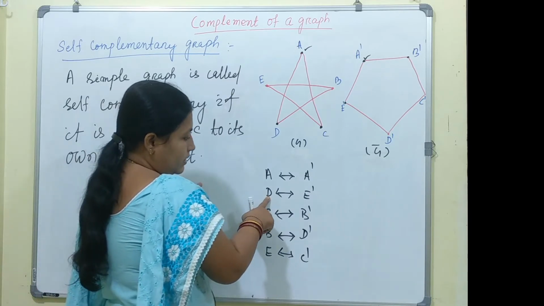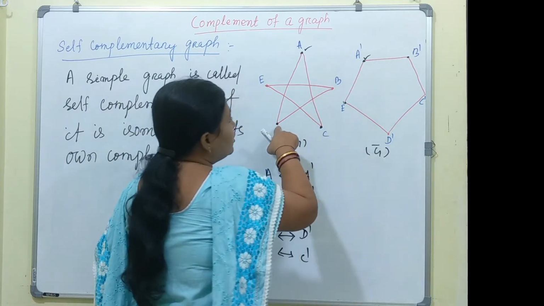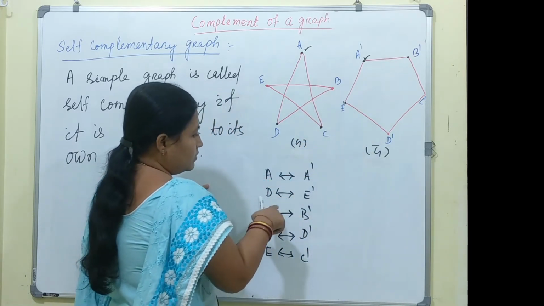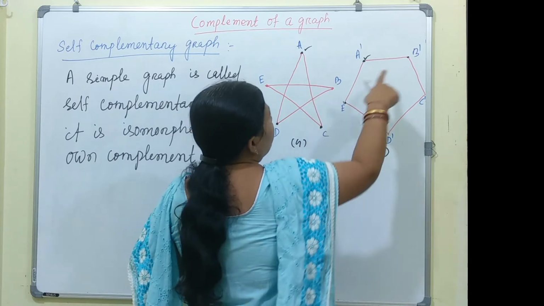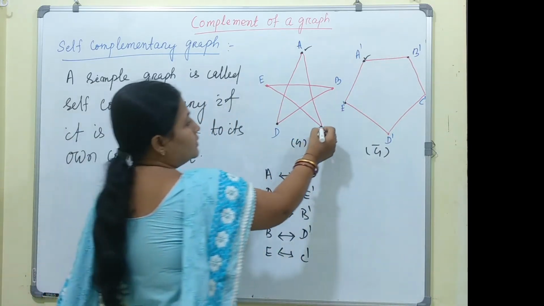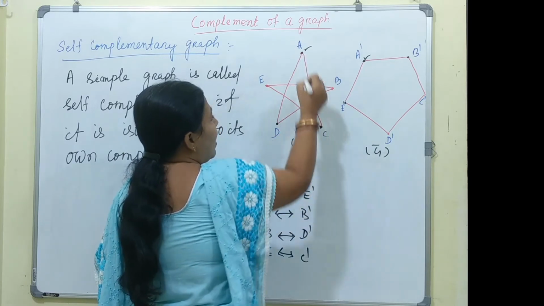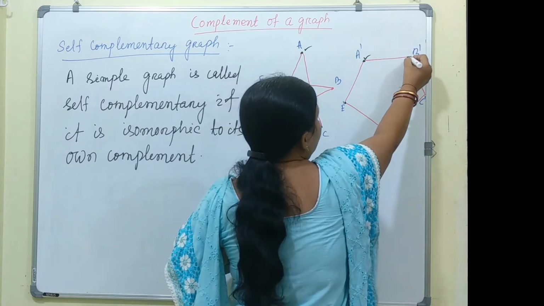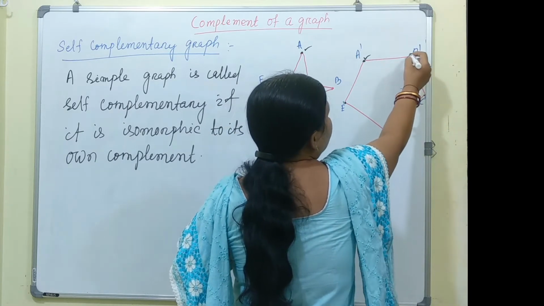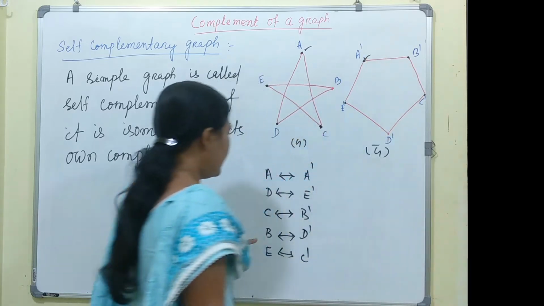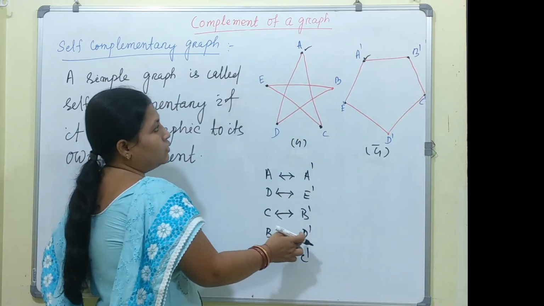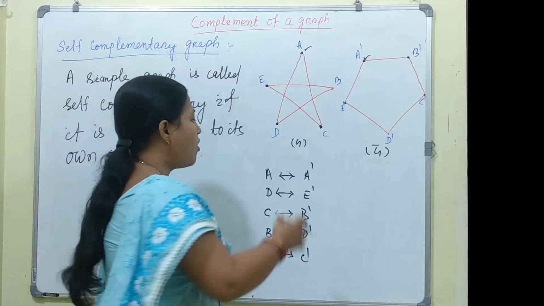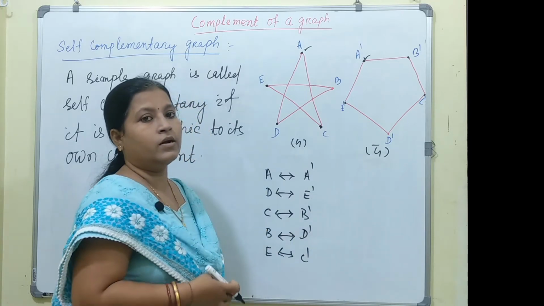So D corresponds with E dash, and C corresponds with B dash. Now C is adjacent with A and E. Here B dash is adjacent with C dash and A dash. So B is adjacent with D dash and E is adjacent with C dash. All the vertices are in one-to-one correspondence.